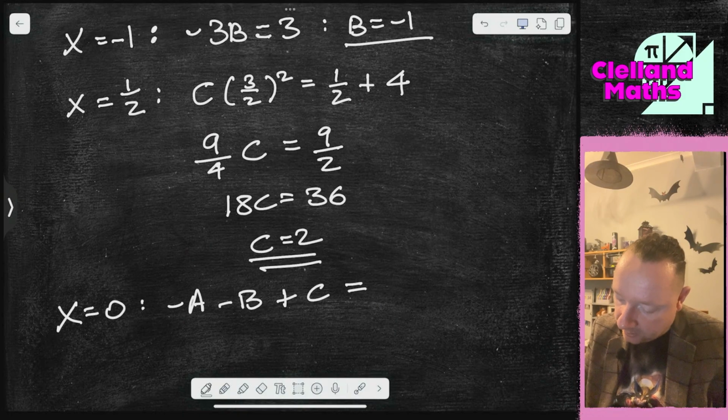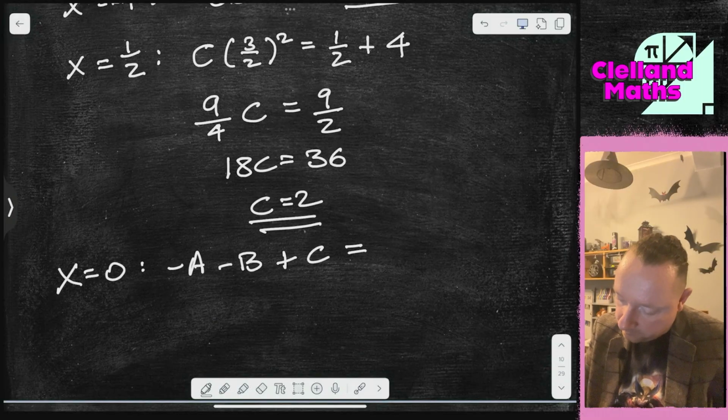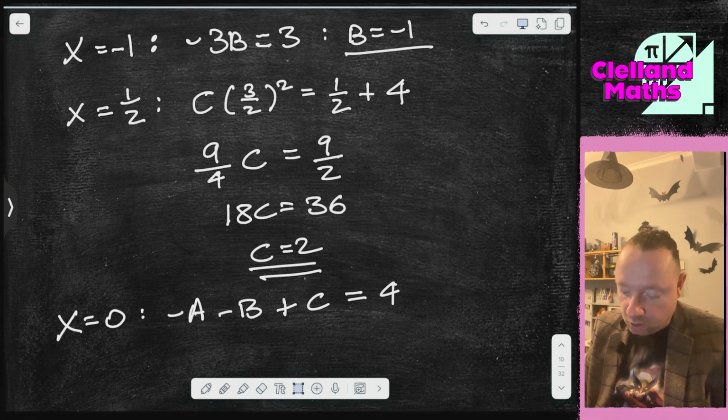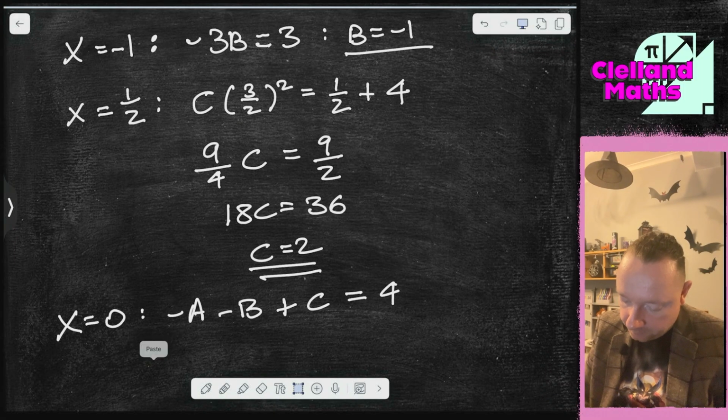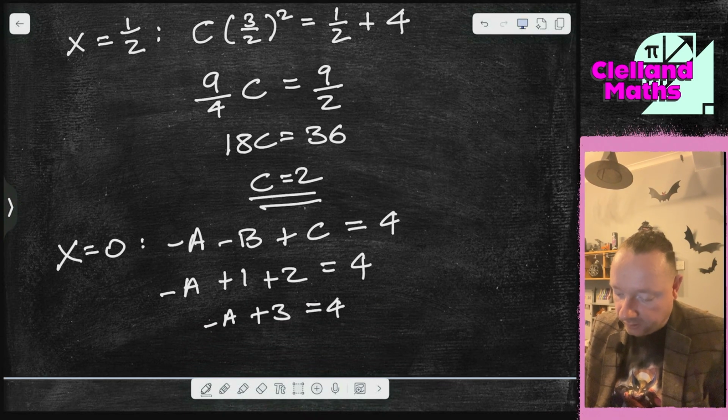On the right-hand side, that's going to equal 0 plus 4. B is minus 1, C is 2, so we get minus A, minus minus 1 is plus 1, plus 2 equals 4. That's minus A plus 3 equals 4. 4 minus 3 is 1, so A is minus 1.